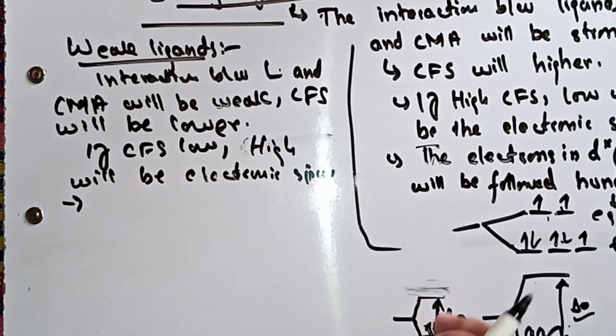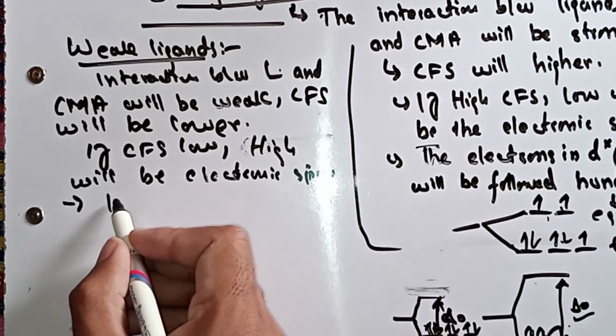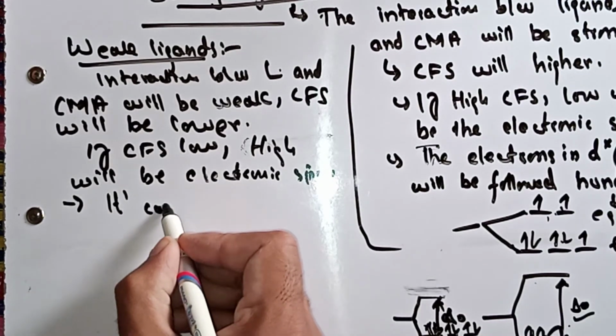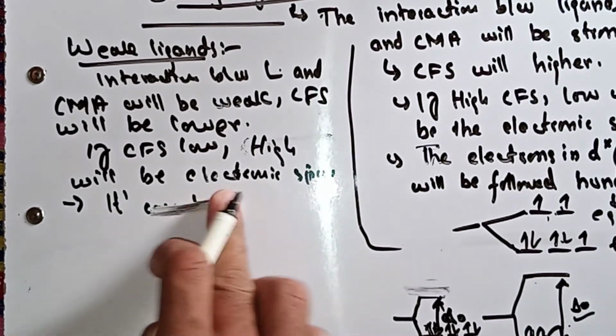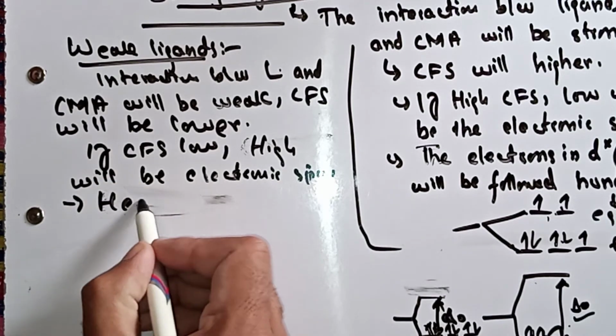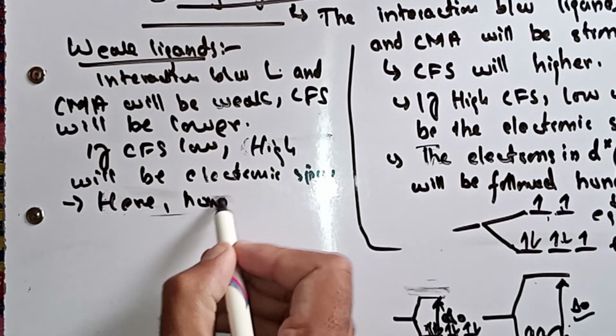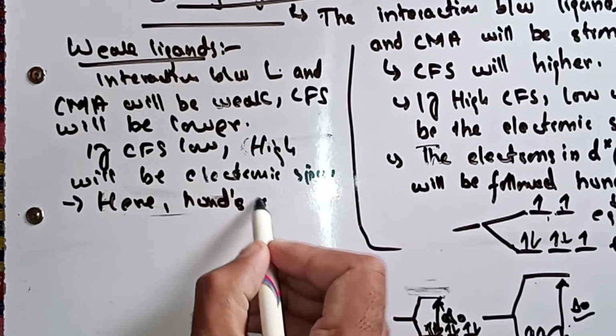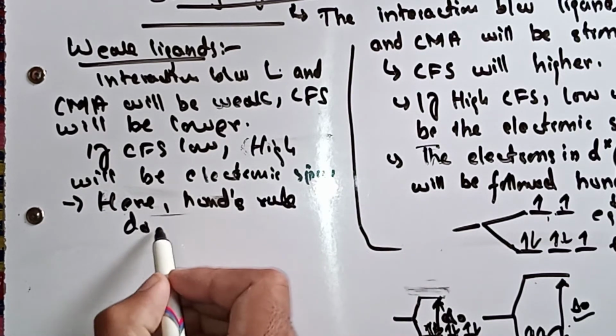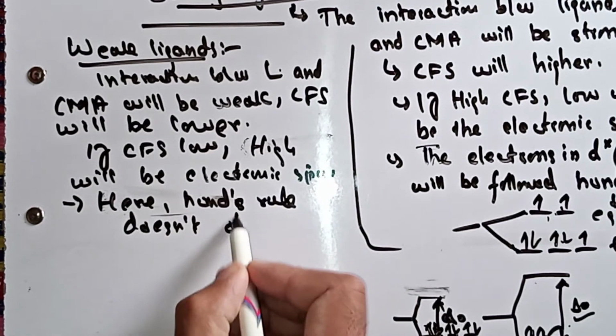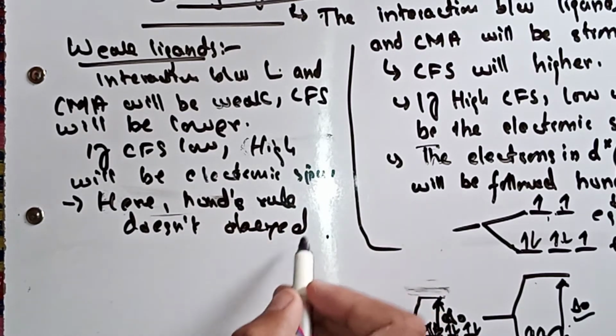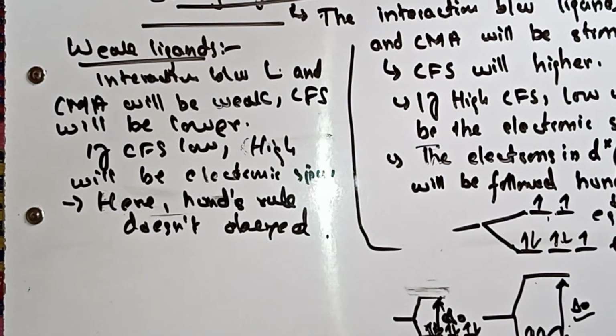If the crystal field splitting is lower, Hund's rule cannot be followed, it doesn't obey it, because here is very little splitting. So the electron will first pair. After that, the electron will go into the eg sector.